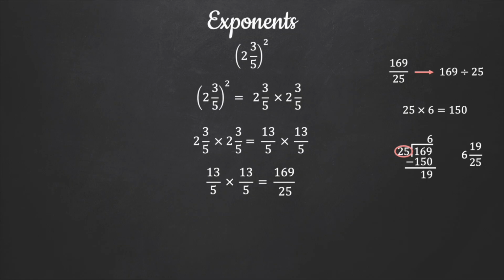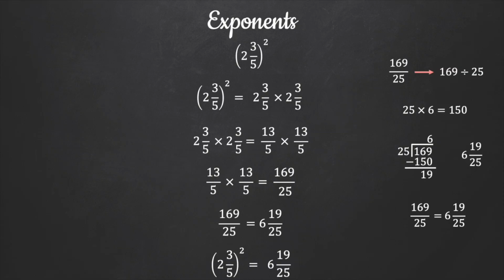And we have 19 out of 25 left over. So that means that 169 over 25 is equal to 6 and 19 over 25. And then we're going to go ahead and write an equation showing that 2 3/5 squared is equal to 6 and 19 over 25.